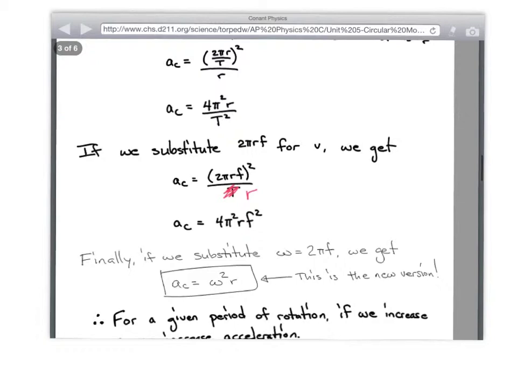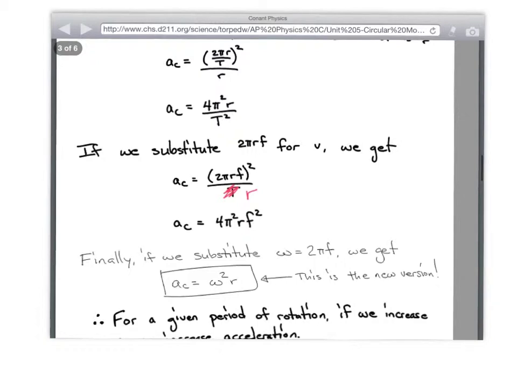Got it? Omega squared r, or r omega squared. This is the one we're going to use a lot in this class because we deal a lot in radians, because it makes the math simpler, because you don't have to write 2 pi anymore. Good? This is actually the easiest one to derive, by the way.